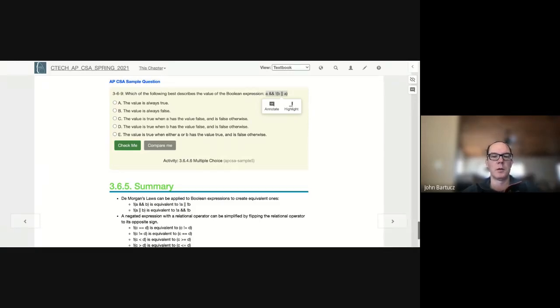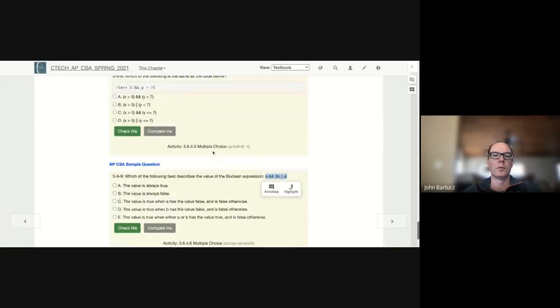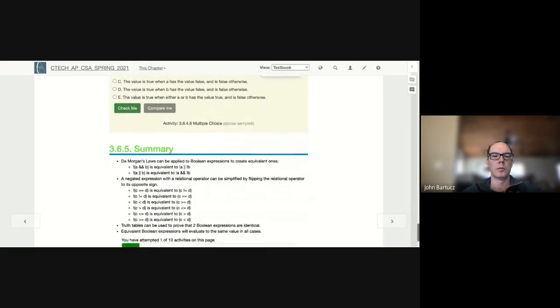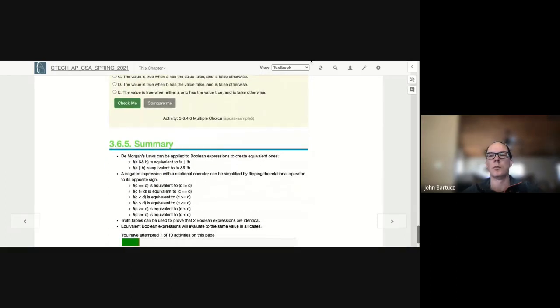All right, so this I could separate out into not B and not A if I wanted to, using De Morgan's laws.